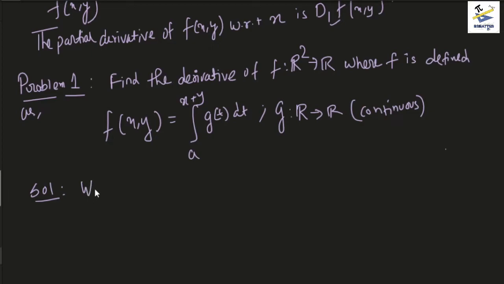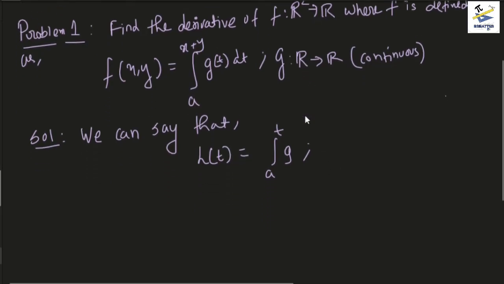We can say that h of t is the integral from a to t of g, and we don't really need to understand how the x plus y function works, okay, because h would be the first function and then would come x plus y.